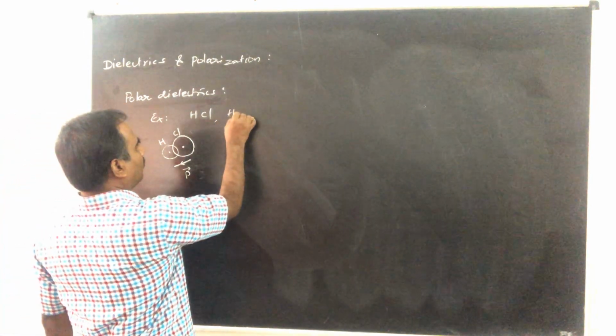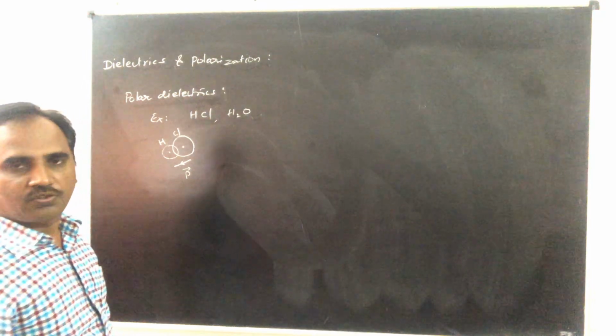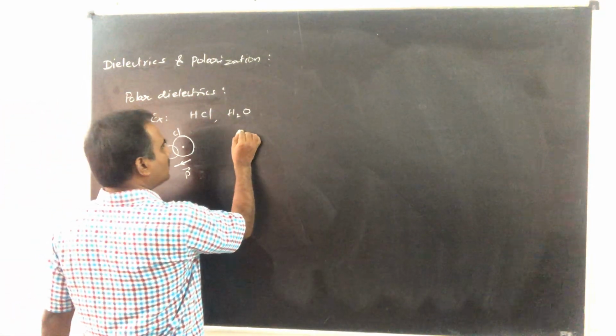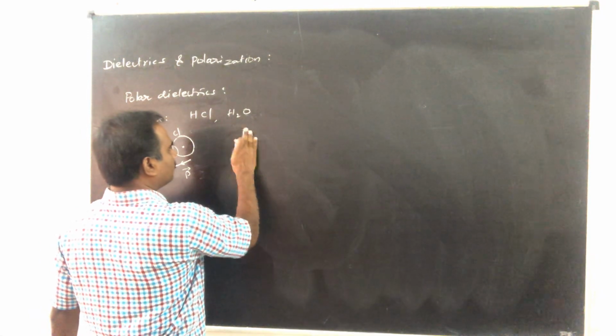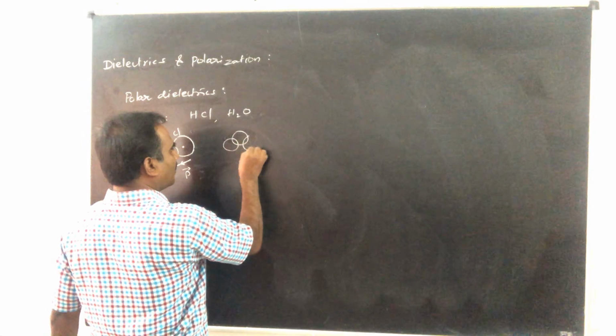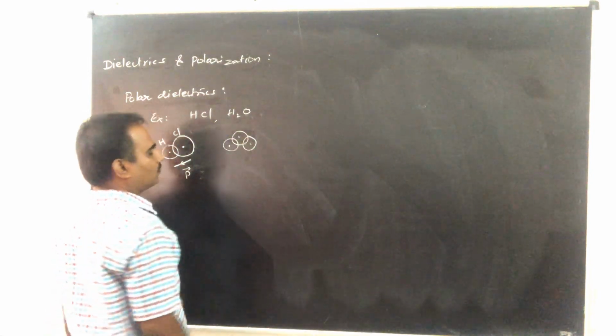Another example, H2O. This H2O is a non-linear molecule. So this is the oxygen atom. Here is one hydrogen atom, here is another hydrogen atom.